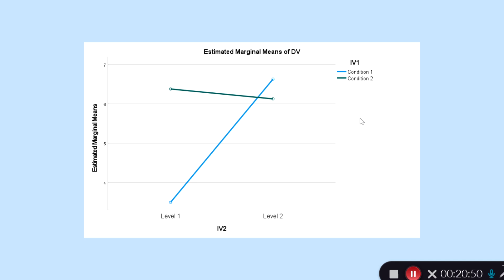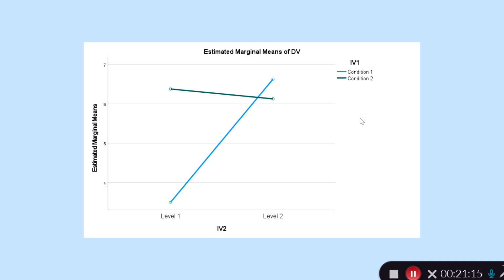Recall that for the significant main effect of IV1, scores in condition 2 were significantly higher than scores in condition 1. But if we include IV2 in the model, we see that scores in condition 2 are only higher than scores in condition 1 at level 1 of IV2.